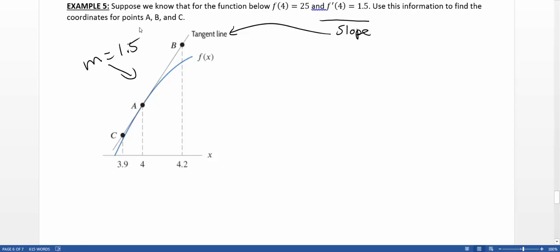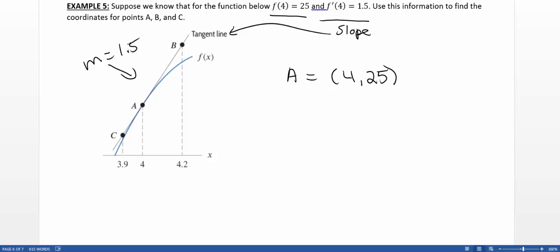That's important to us. Now, we also know a point on this line, right? So we know that when x equals 4, y equals 25. That's the point A, right? So we actually already know one of these points. So A is the point 4, 25, right? That's the x, y value.